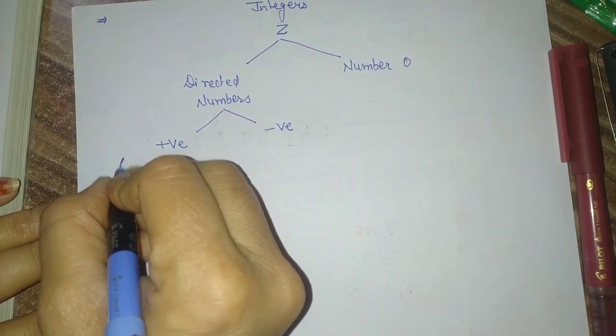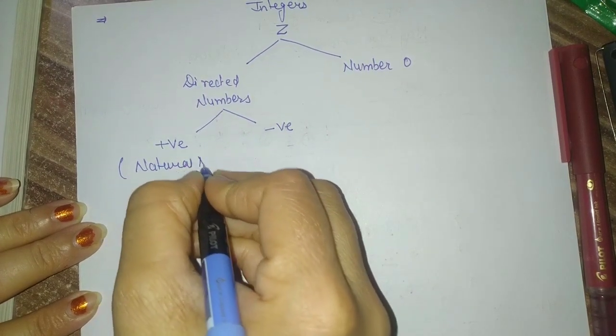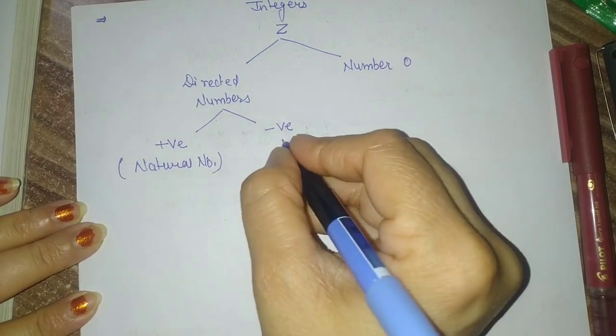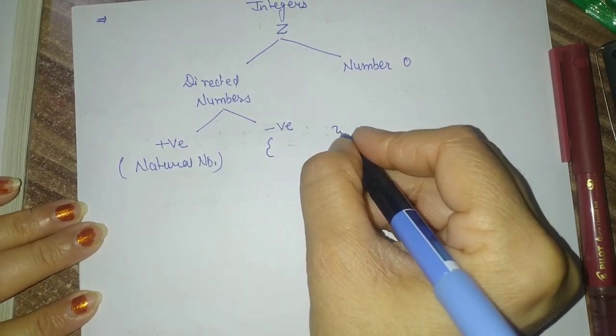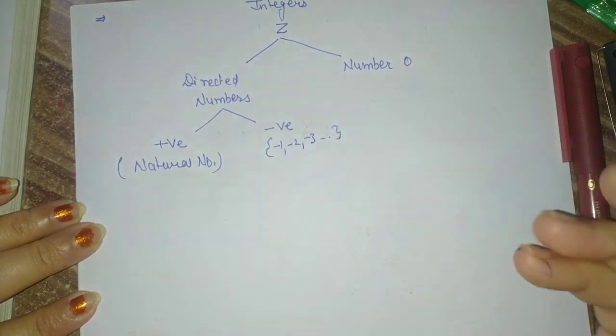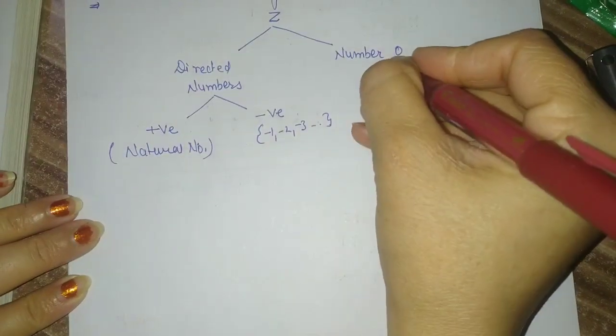Positive numbers are all natural numbers. All natural numbers we include in positive numbers, and all negative numbers are included here, like -1, -2, -3 and so on. And students, here the number 0.